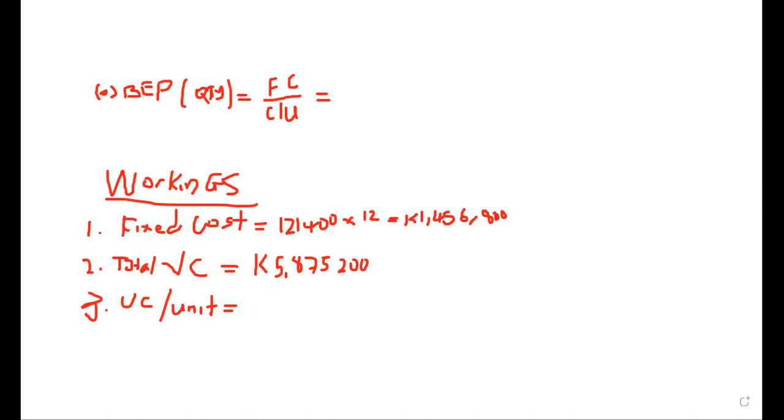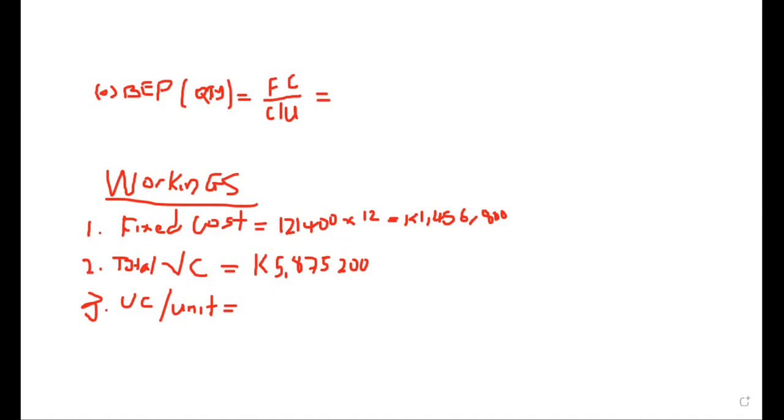Someone can do January, another person April, someone else September or October. Then if we find the same amount, it means that variable cost is constant. So we take it that that is the variable cost per unit. Let's do that.